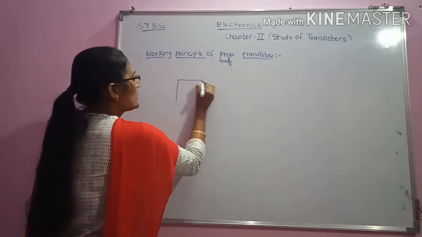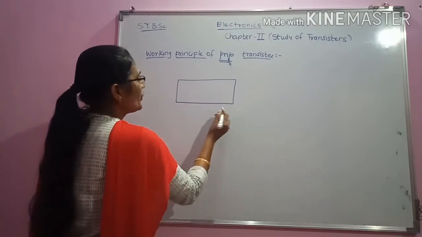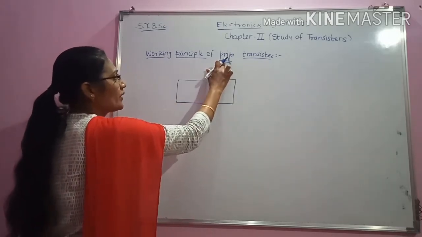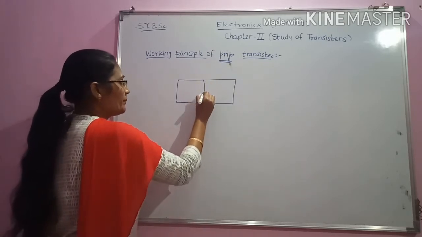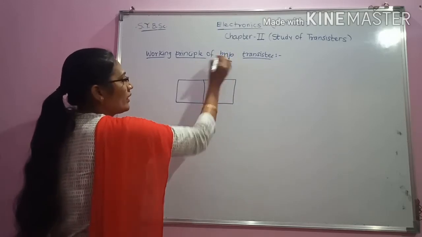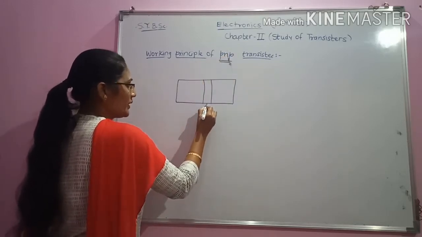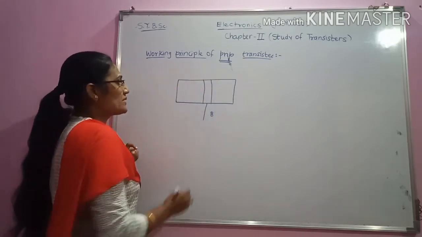A PNP transistor is a transistor in which an N type material is sandwiched between two P type materials. It means that the base region is made up of N type semiconducting material.